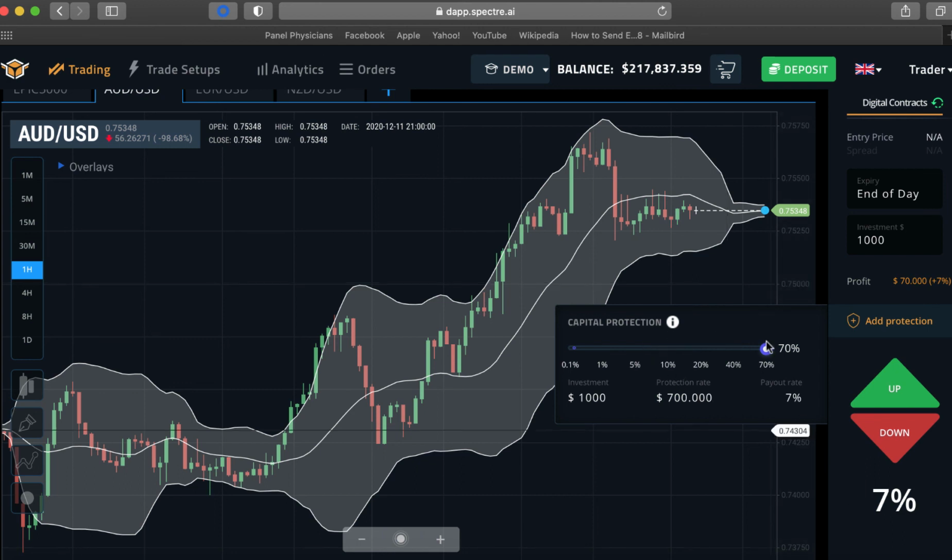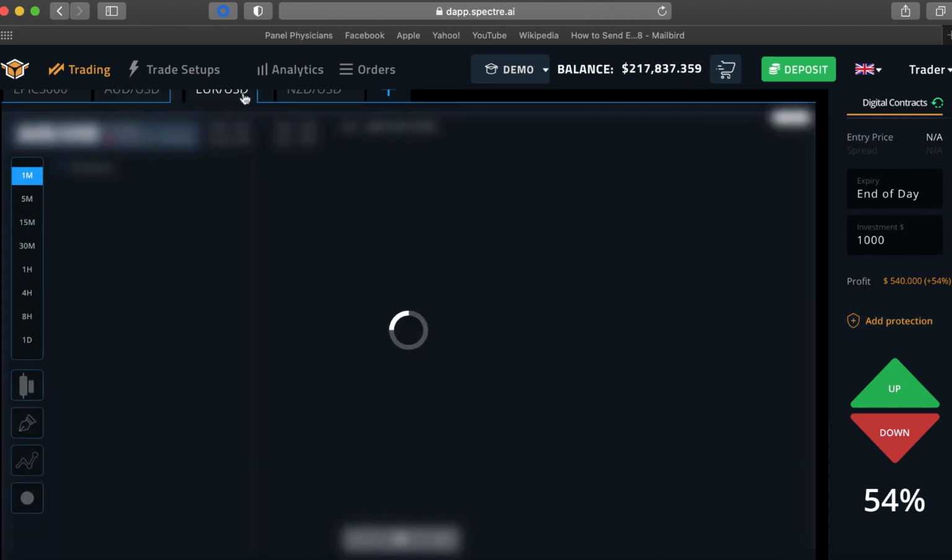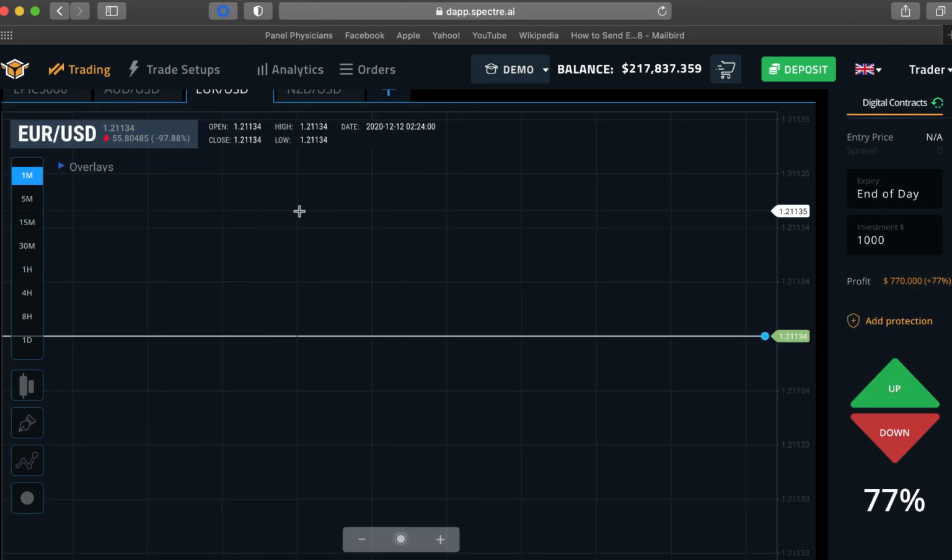So capital protection is very important. You can actually choose how much you want to lose. Your payout will be lower, but you will also be protecting your capital involved. So this was Spectre.ai in a nutshell, a quick explanation of Spectre and how Spectre is better than the other brokers out there.